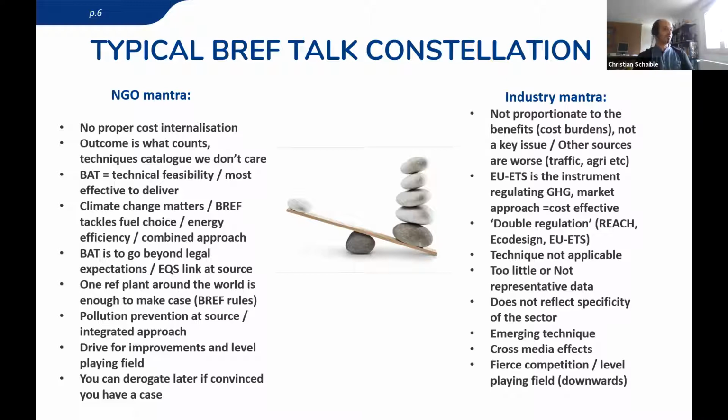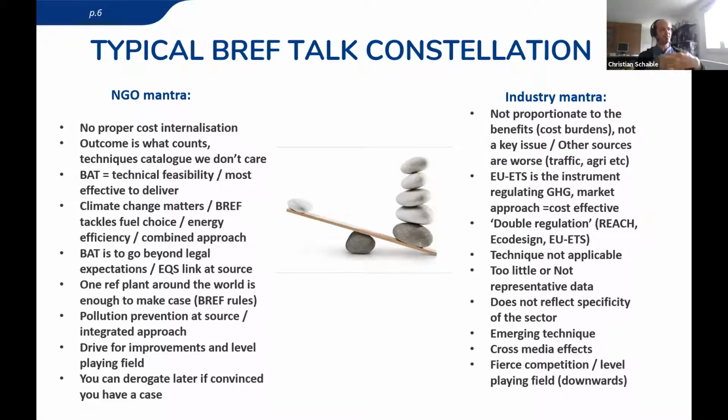And then also double regulation. We hear it in the chemicals context very much. For example, when we want to substitute more of those hazardous chemicals or chemicals of concern, they say, and I would say even the Commission and member states sometimes, plus industry, well, we have REACH which can do this. Why duplicate? Why do double regulation? And we say, well, BAT is to go beyond the legal expectations.